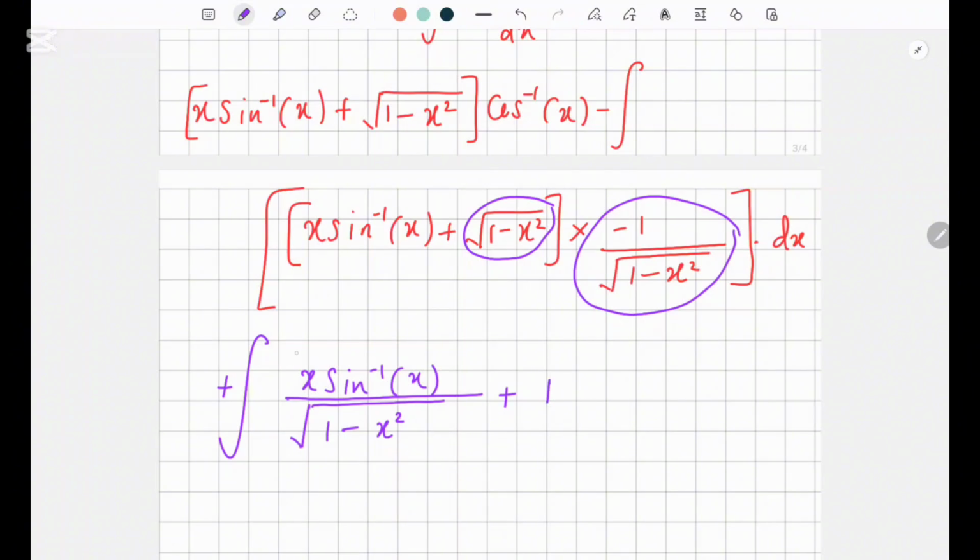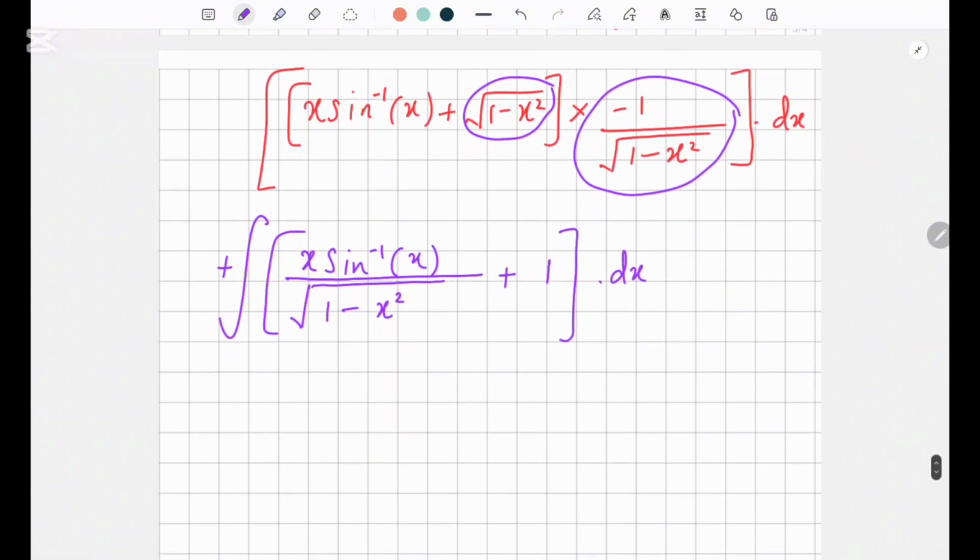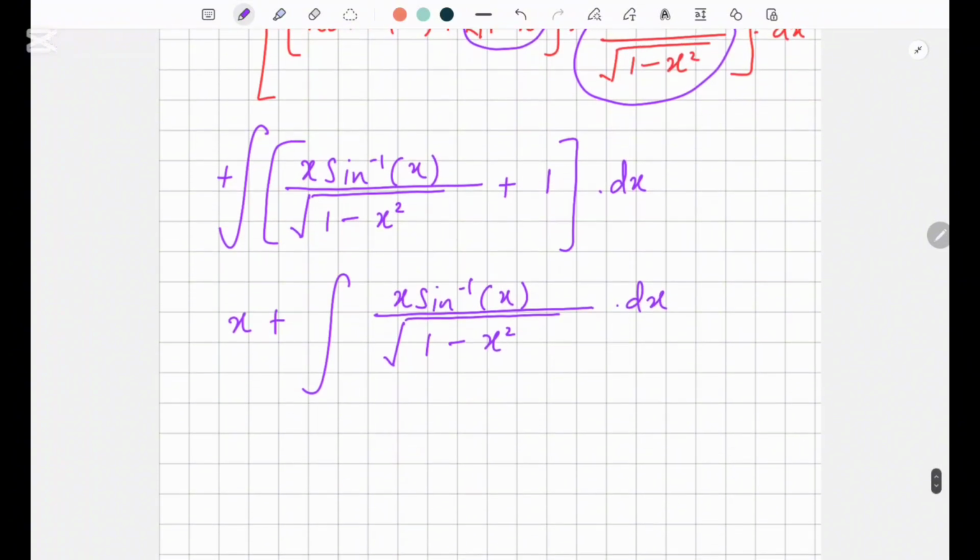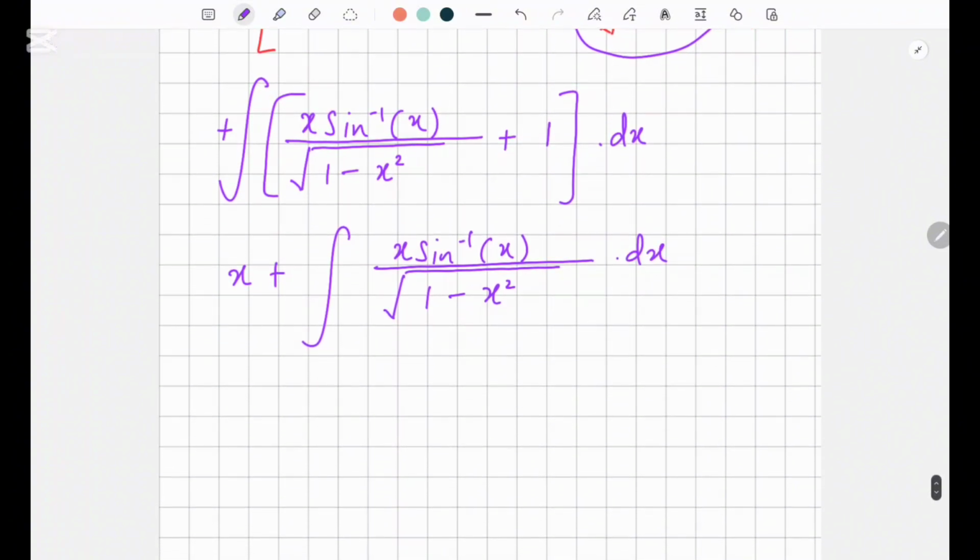Plus 1 dx. So the integration of 1 is x, right? So you can write x plus the integration of x sine inverse x over root 1 minus x squared dx. Now guess what? We'll have to use integration by parts again to solve this.